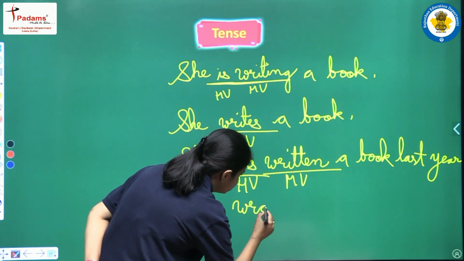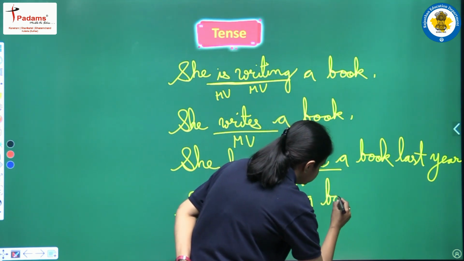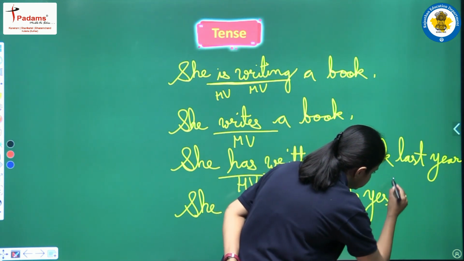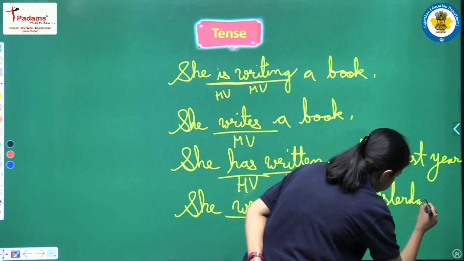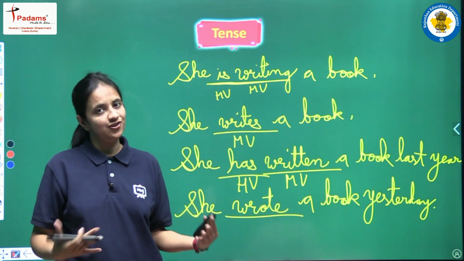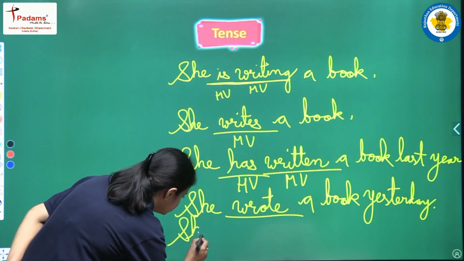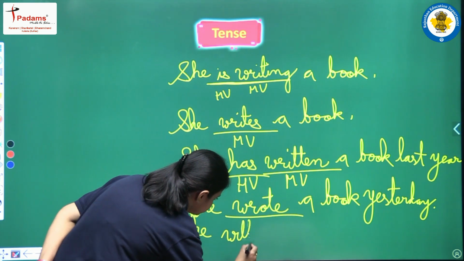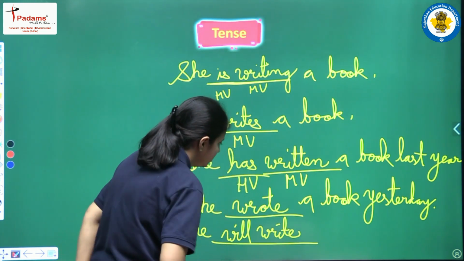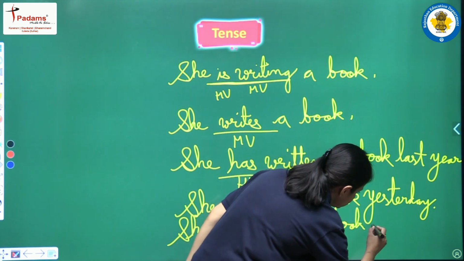She wrote a book yesterday. So again wrote is a different form of write. And let's take one more sentence. She will write a book next year.